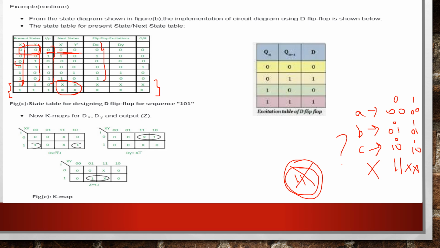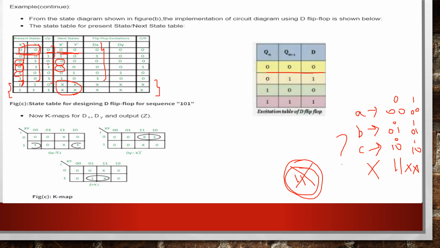If x is 0 in the present state and x is 0 in the next state, then the d value is 0. Here x is 0 in the present state and 0 in the next state, the same combination, hence it will be 0.